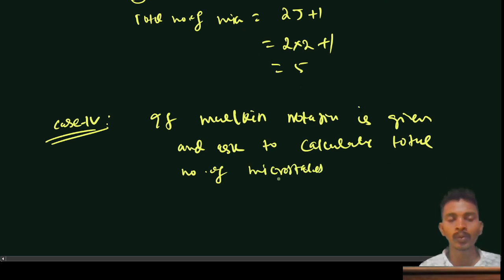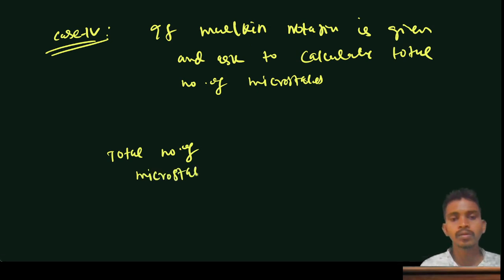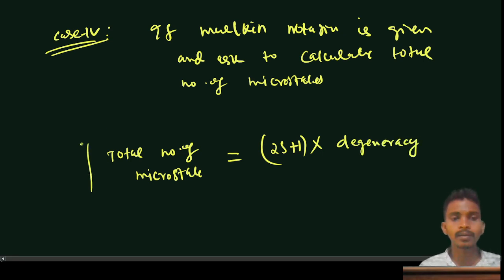For this case, how we will calculate the total number of microstates is equal to, we will use the 2S plus 1 into degeneracy. Okay, this is the formula.